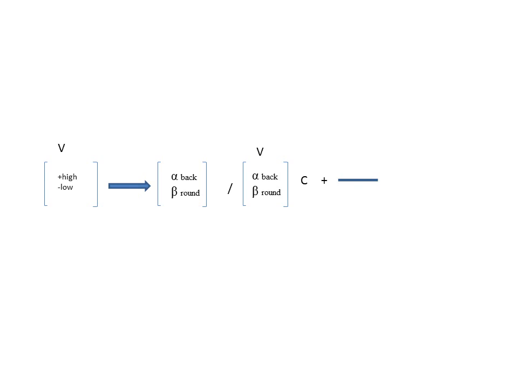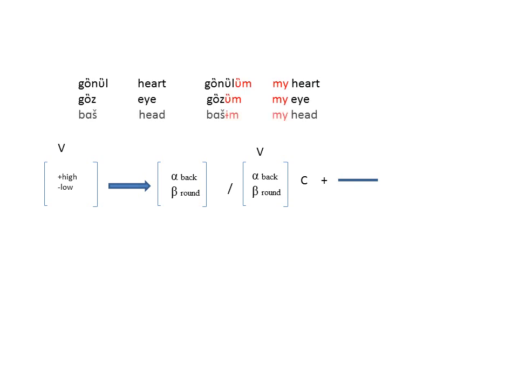The importance of the alpha notation and the beta notation is to summarize the three phonological rules in one phonological rule, or to collapse the last phonological rule into one phonological rule.